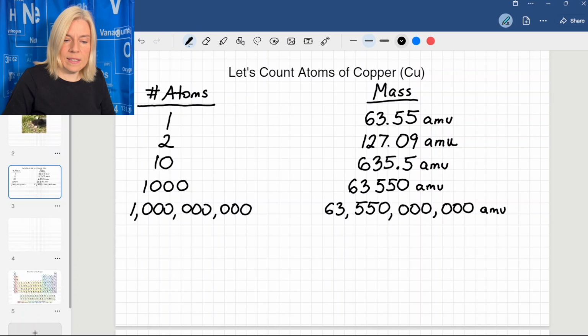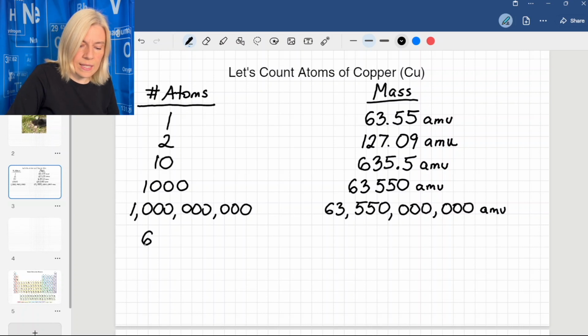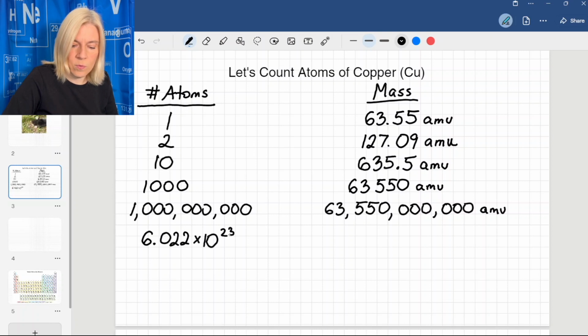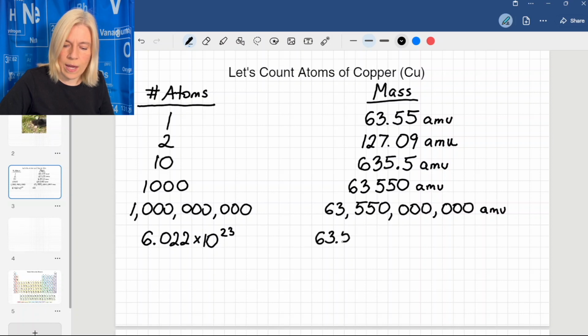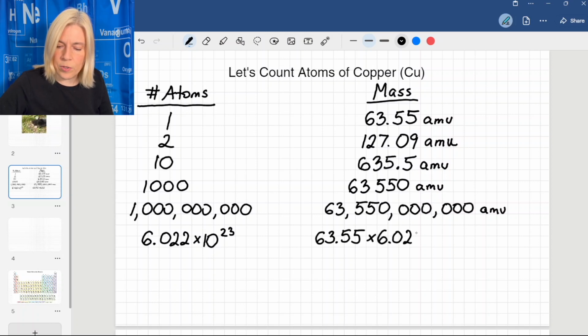Okay, let's do 6.022 times 10 to the 23 atoms of copper. How are we going to do that? Well, just like you did before, we take our mass of one atom, 63.55 AMU, times 6.022 times 10 to the 23rd.